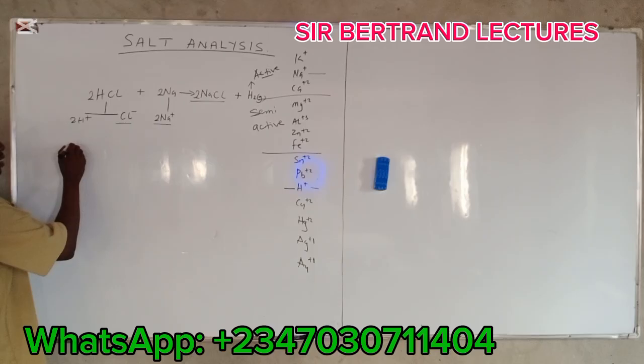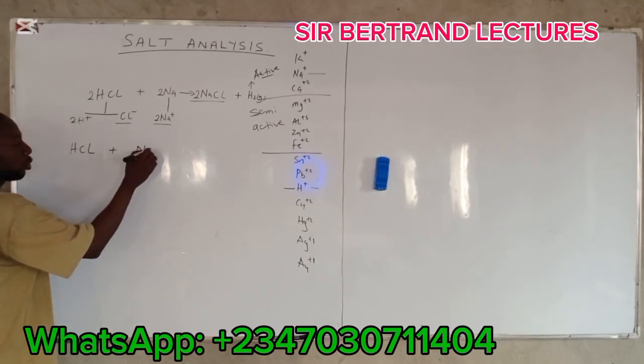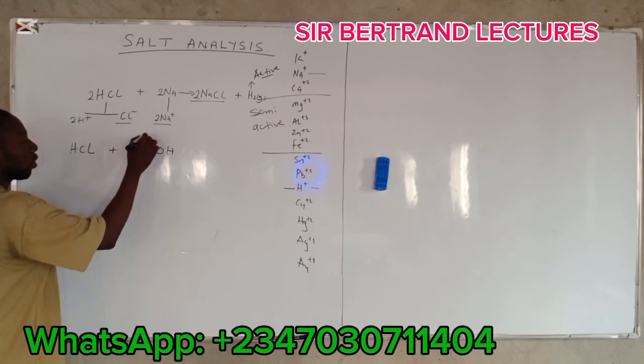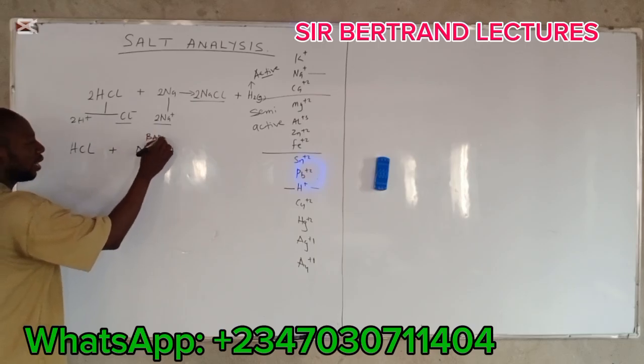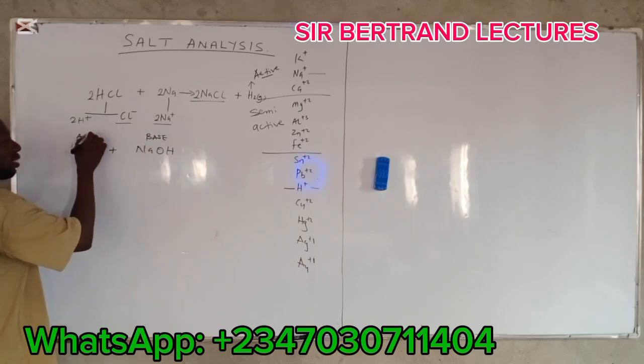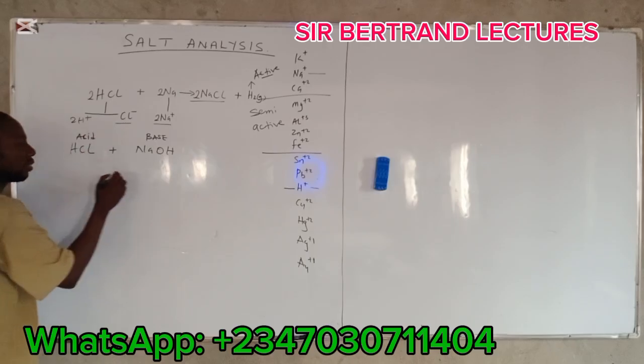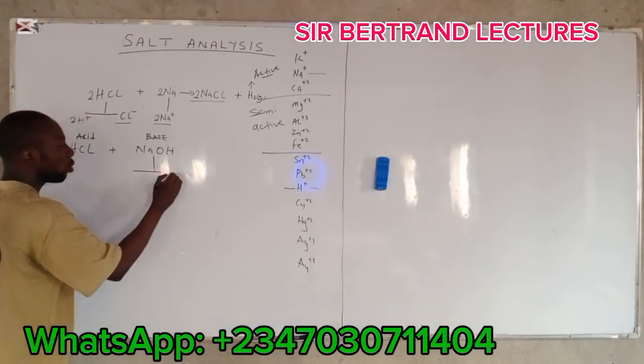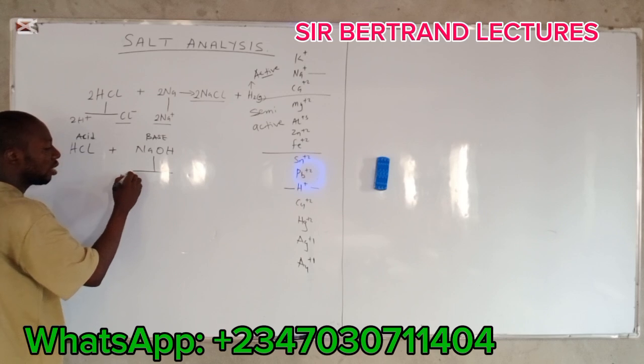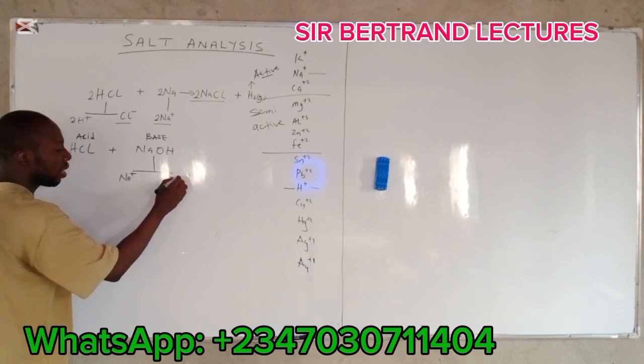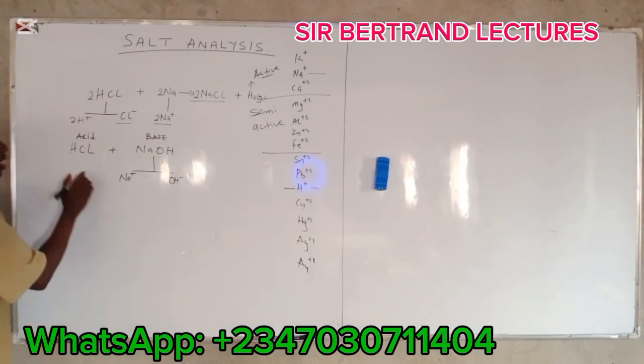Let's pick one acid. Okay, let's say HCl reacting with sodium hydroxide. All right? Here is the base, then here is the acid. All right? Acid reacting with base. Now, this will dissociate into ions. We have here the sodium ion, we have here hydroxide ion.